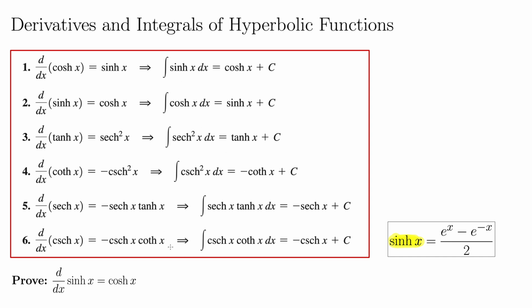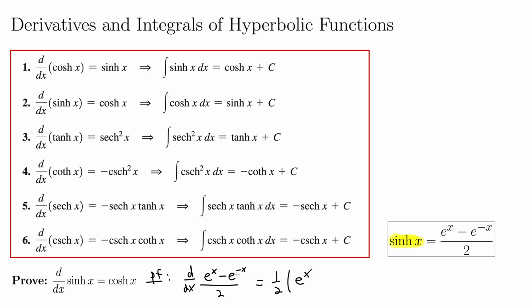Okay, let's take a look together. So here's the proof, right? We essentially have the derivative, d by dx, of e to the x minus e to the minus x, all over 2. Well, this 1/2 comes out to the front, and then we're left with the derivative of e to the x, which is e to the x.